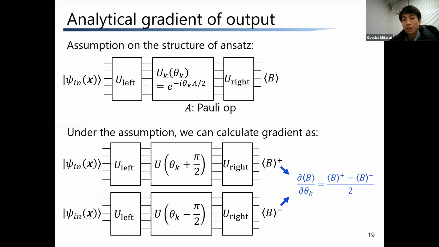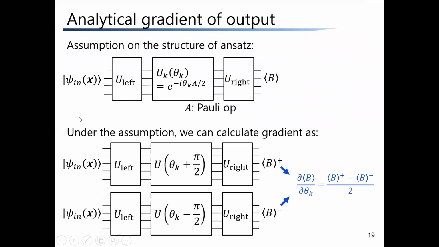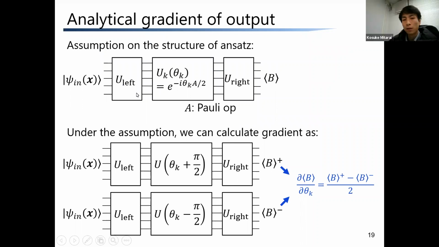Okay, that's true. One way of doing the analytical gradient is just taking the derivative of this circuit with respect to theta k, which will produce A in the circuit.